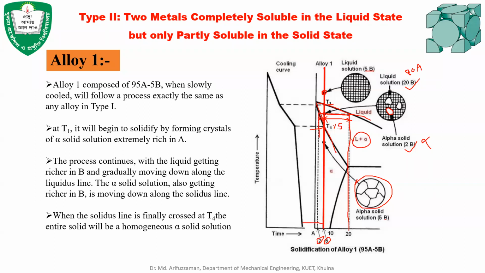That means the solid will have 5% B and 95% A, because this is the alloy of 95% A, 5% B. In the liquid state, it was completely soluble, and in the solid state, it is completely soluble. So this region up to this point is basically a type 1 diagram. Okay, any question?